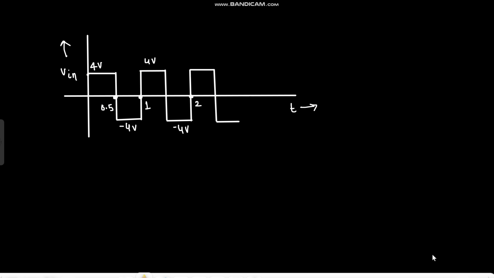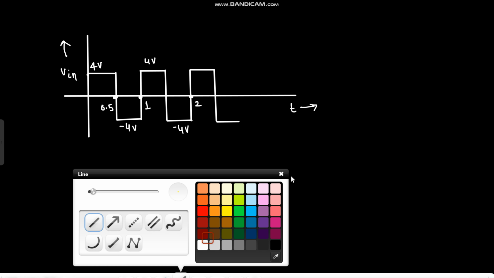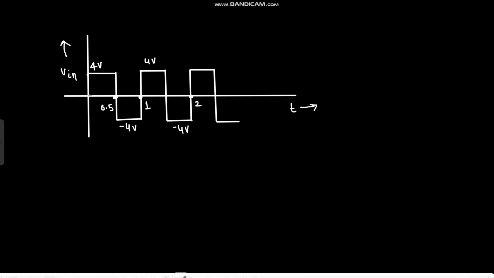So in this case, this is our input waveform, so what would be the current? The current would be like this. First it would increase, then integration in negative direction, then decrease. So basically we are integrating it. Okay. So what would be the current?